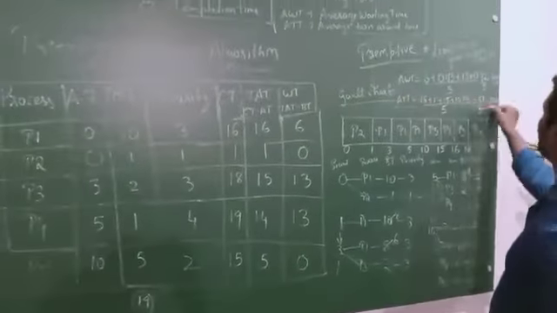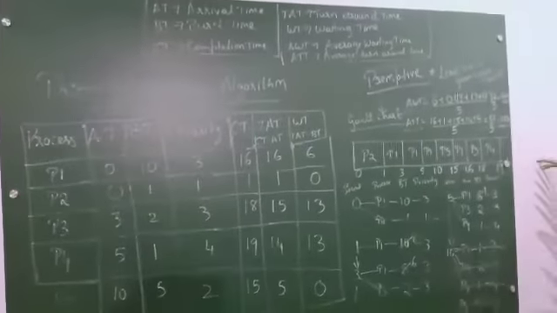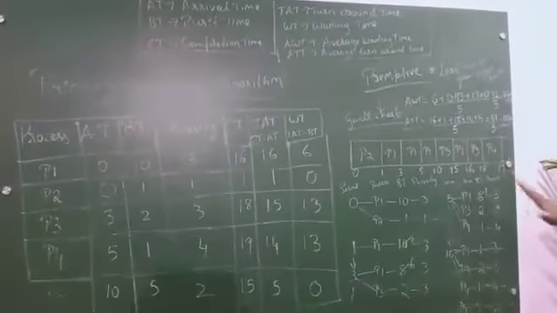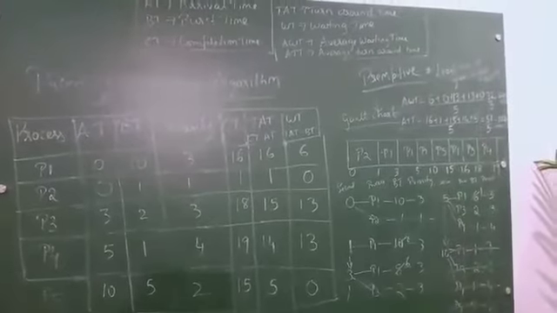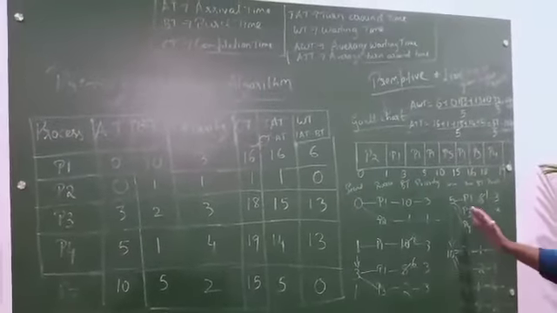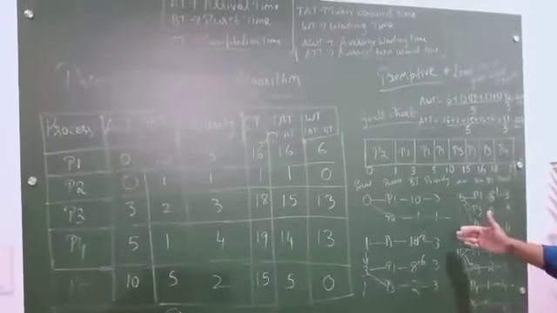That is your average turnaround time. Average waiting time is 6.4 milliseconds. So this is preemptive priority, where I've given the least number the highest priority. Hope you understood. I'll stop your priority scheduling algorithm.